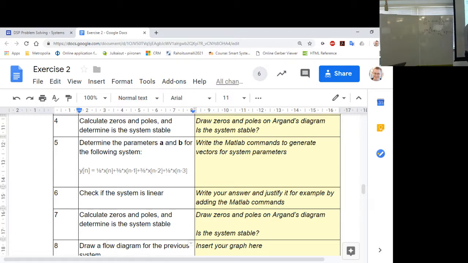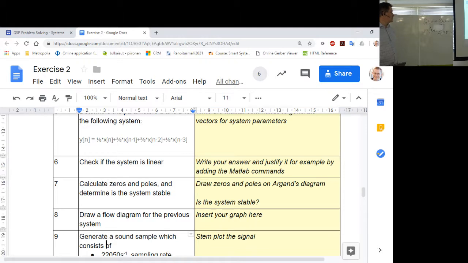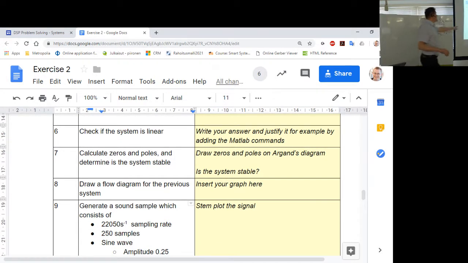Okay, and then basically there's some graphing or drawing to do. Flow diagram for this system, meaning that nice box with only 3 kinds of blocks there: add, scale, and the delay.